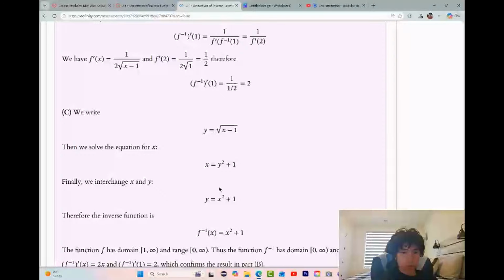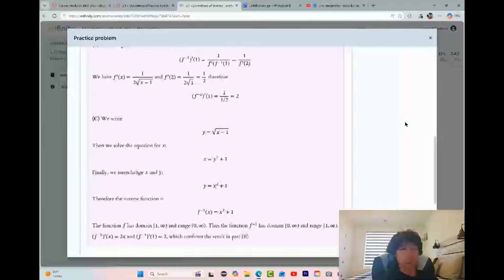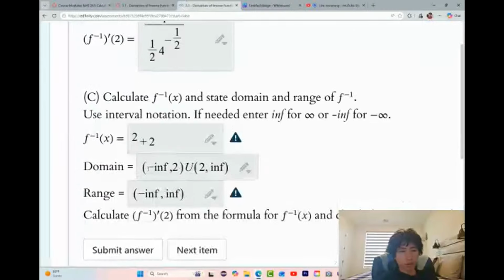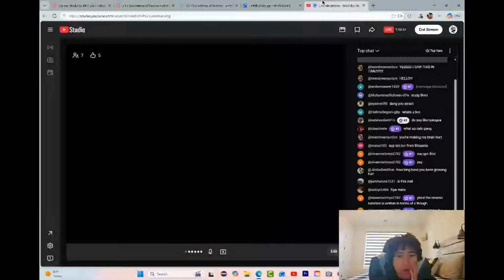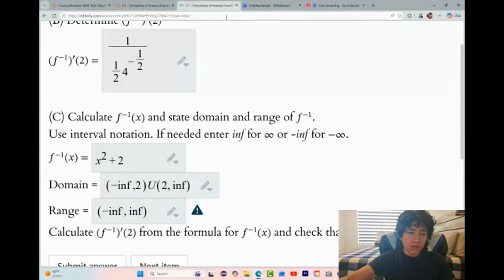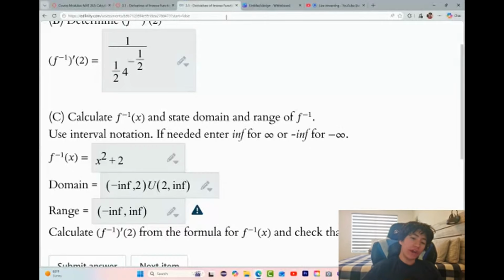So, oh, interchange x and y. I see. So, am I supposed to have something like that? I see. So, you interchange x and y.